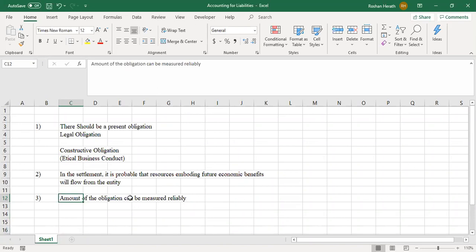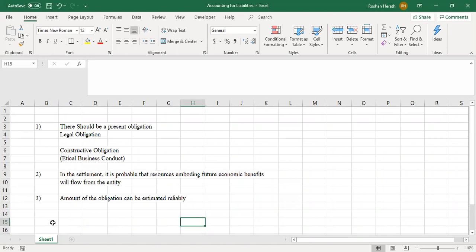The amount of the obligation can be, slightly modifying this, estimated reliably. Estimated reliably, not measured, because it's a provision, so we are reasonably estimating that. That is in fact one of the distinctions between a provision and other liabilities.